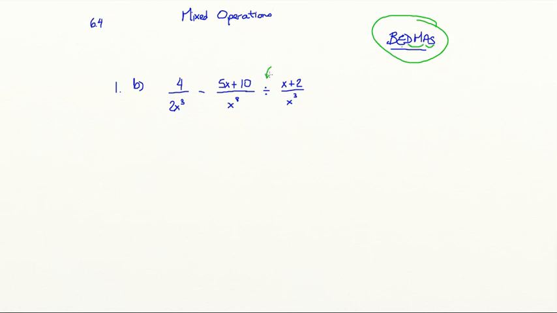Noticing I have a divide by sign there, so I'm going to have to use my fraction rule, where if I have a divide by sign, I now change that to a multiplication and take the inverse of the second fraction. I'm going to just copy down the first two fractions, change my divide by sign to a multiply, and the fraction after that I will take the inverse.